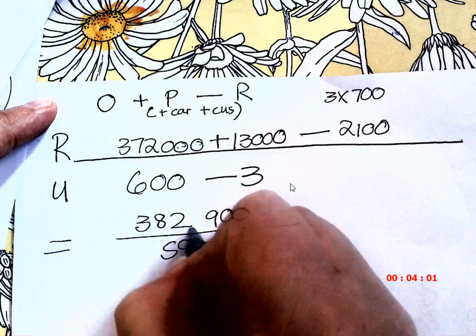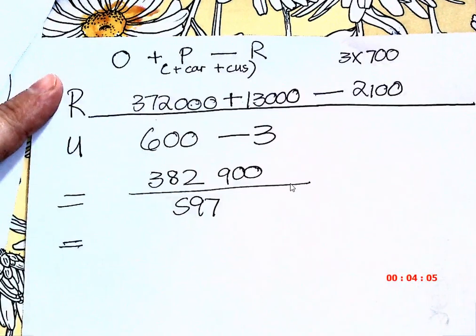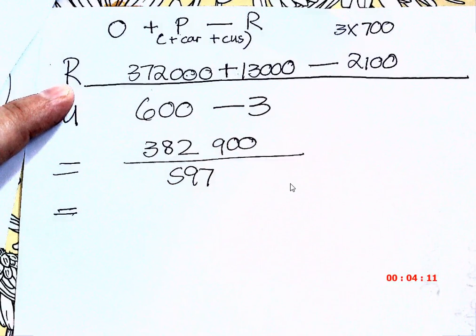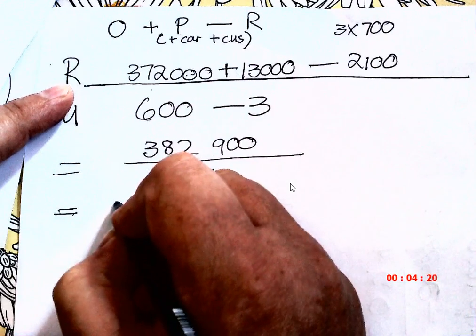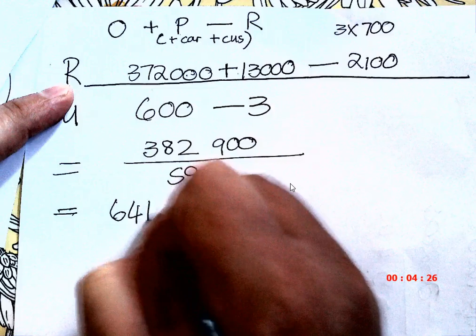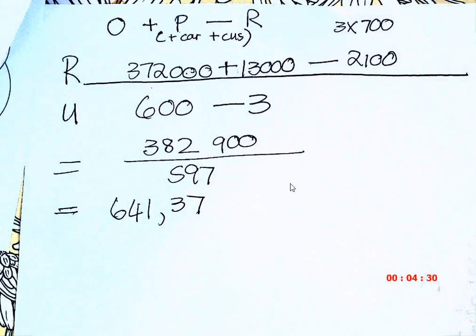382, 900. Now, what do I get now? Anybody? 641. Now listen closely to what I'm saying.